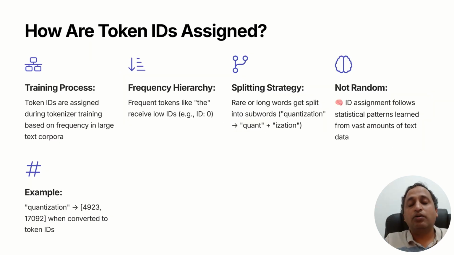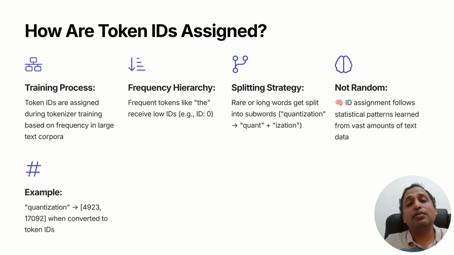Now let's talk about another important concept, how token IDs are actually assigned. First, these IDs are not random. They are not assigned random numbers. They are learned during tokenizer training using massive text datasets. The idea is to assign smaller IDs to more frequent tokens.